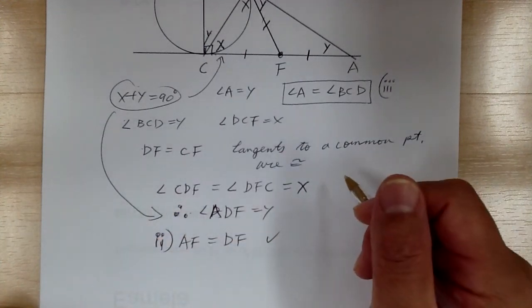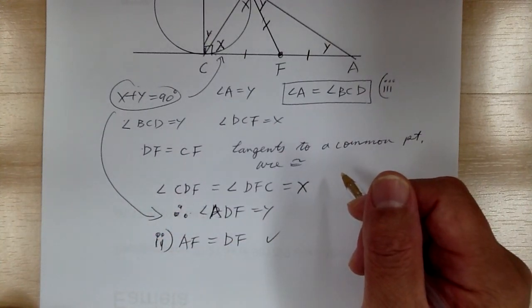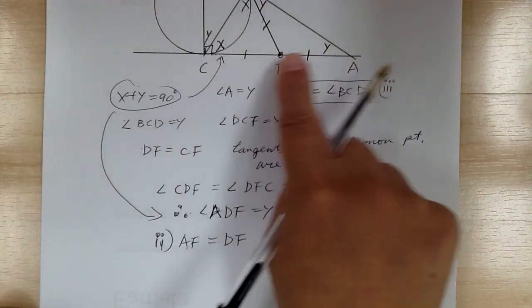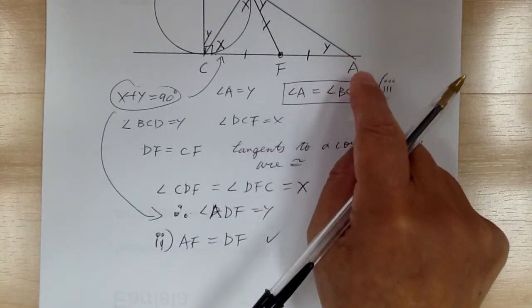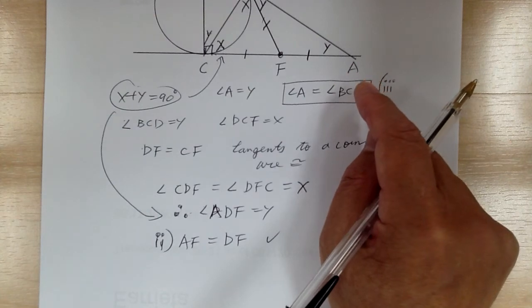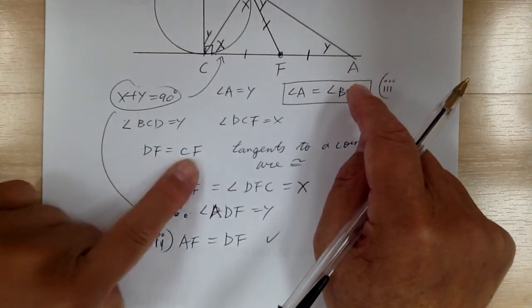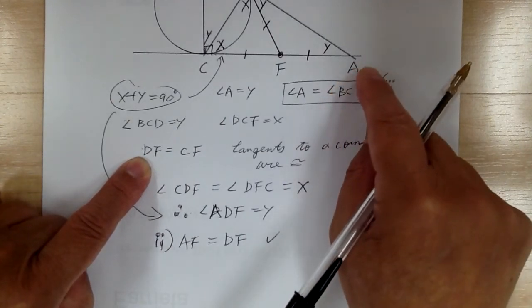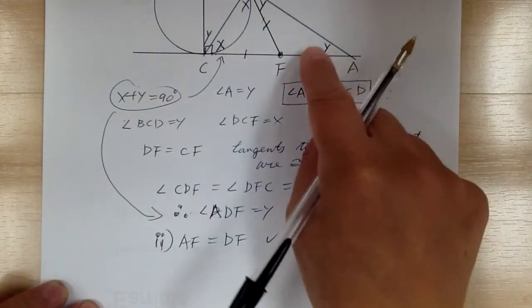Now the first one: DF bisects CA. Once you find that they are congruent, CF equals DF.